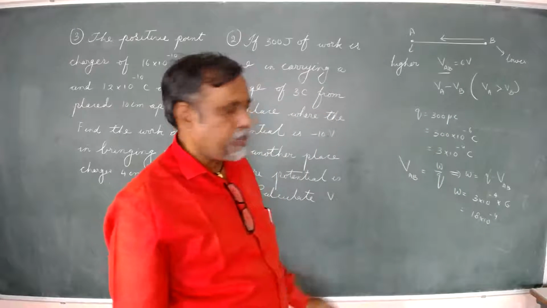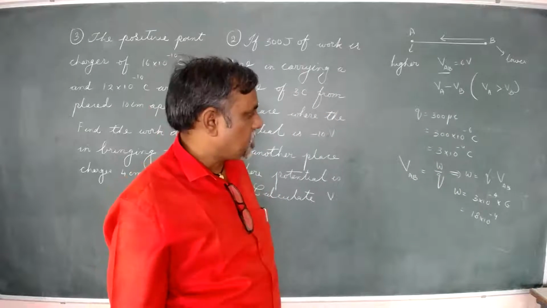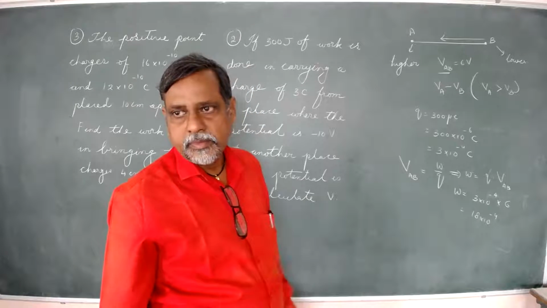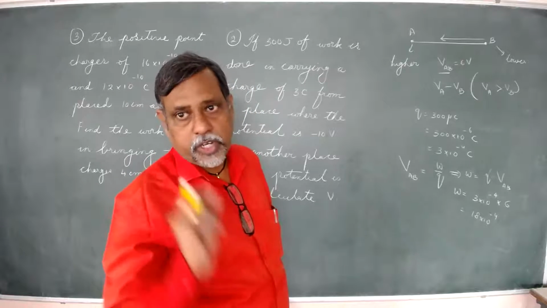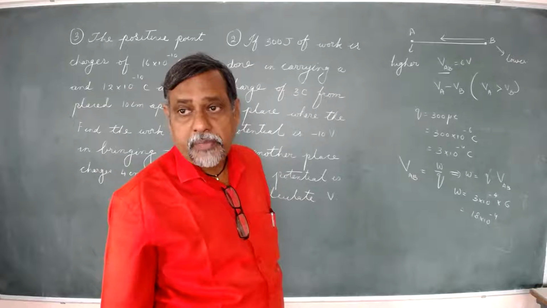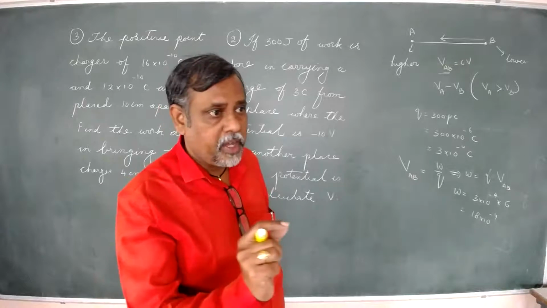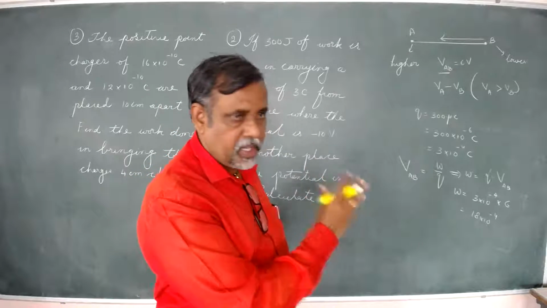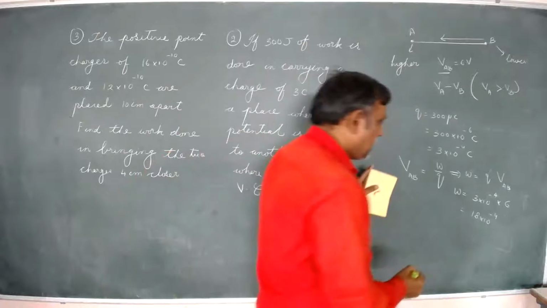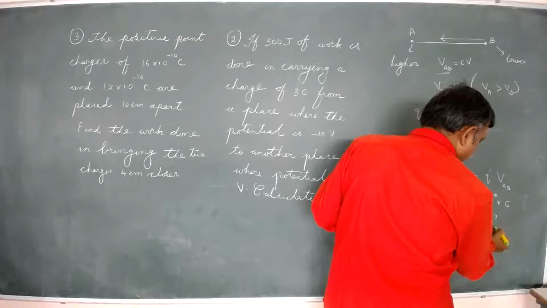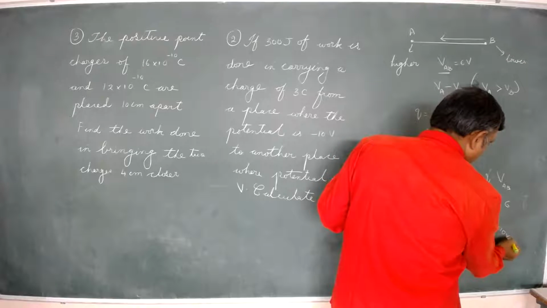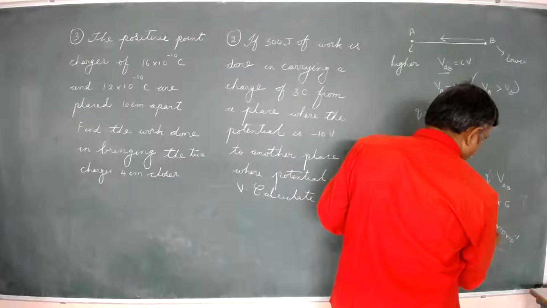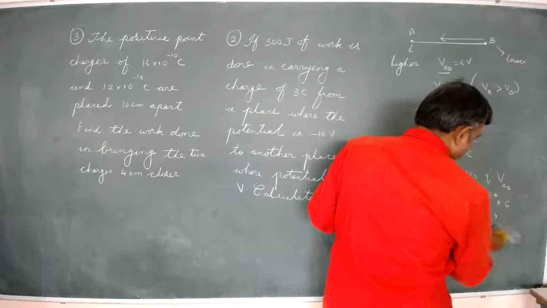But this type of representation is not possible, because we have to mention scientific notation. What do you mean by scientific notation? After the first number, the decimal has to come. So that is possible with a factor of 10 power minus 1 taken out.